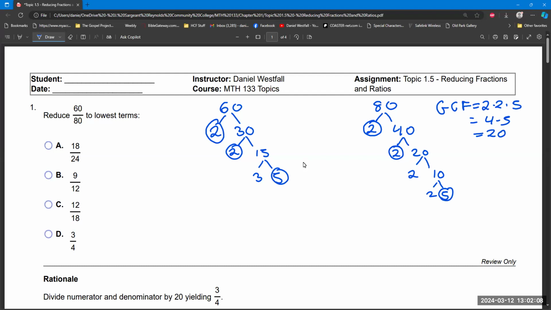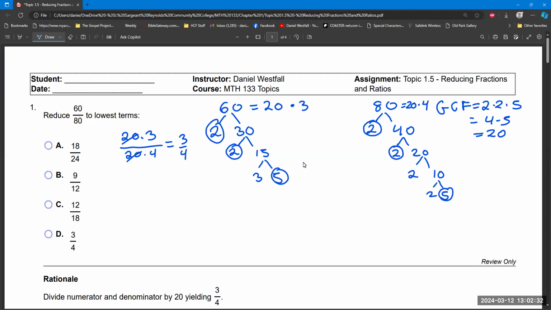So now I want to look at 60 is 20, which is all the stuff that I have circled there, times 3. And 80 is 20 times the stuff I don't have circled here, which is 4. So 20 times 3 over 20 times 4. And the 20s will cancel and will leave me with 3/4.